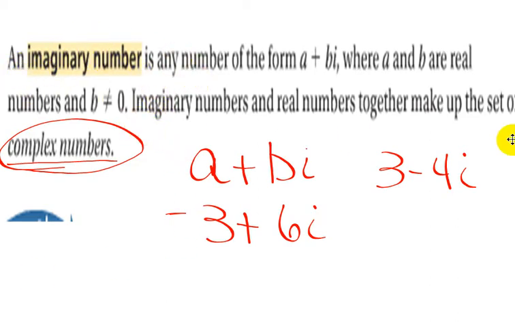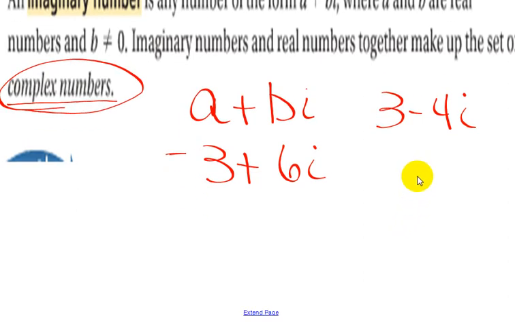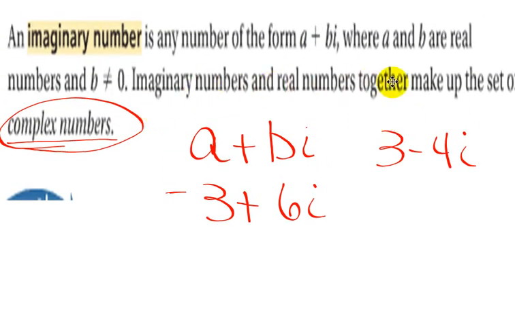Before we do, I want to talk about an imaginary number. An imaginary number is any number of the form a plus bi, where a and b are real numbers and b cannot equal 0. So imaginary numbers and real numbers together make up the set of complex numbers.